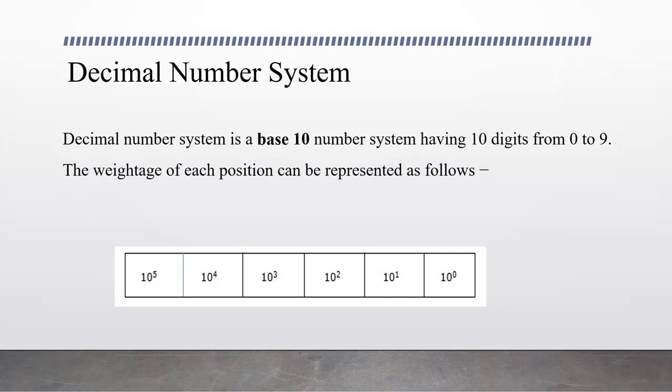To recollect what we have learned, the decimal number system is a base 10 number system having digits from 0 to 9. Deci means 10.